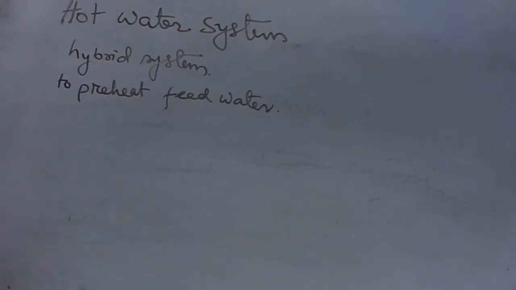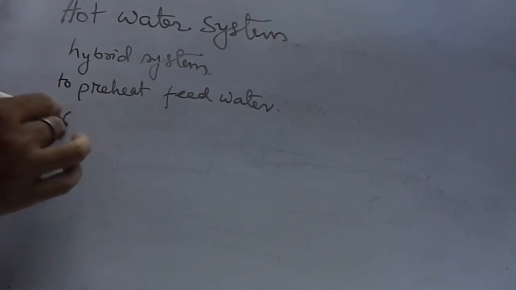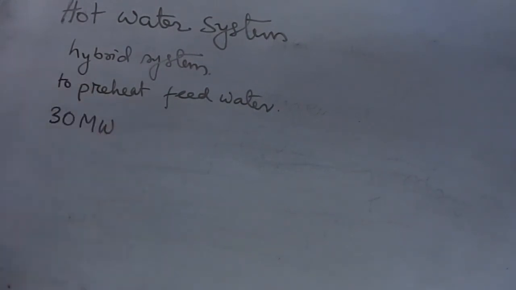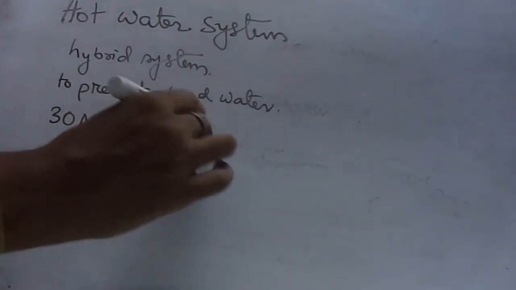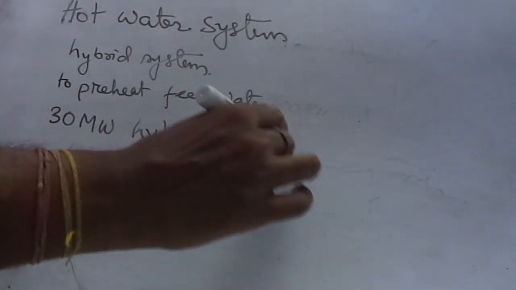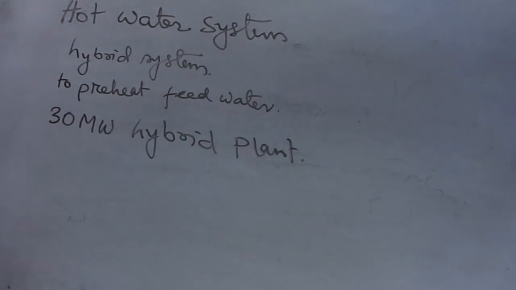A 30 megawatt geothermal wood waste hybrid plant is in operation at Honey Lake, California, since 1989.